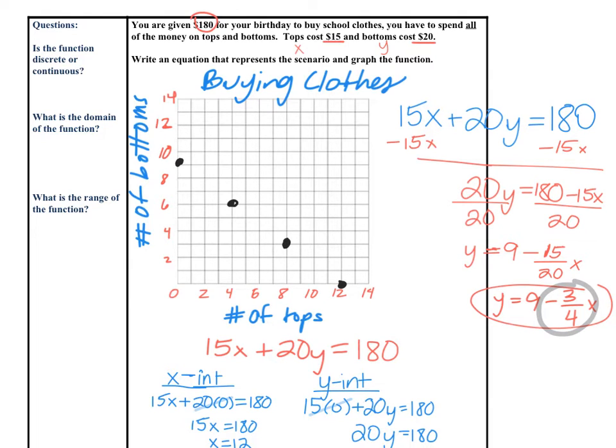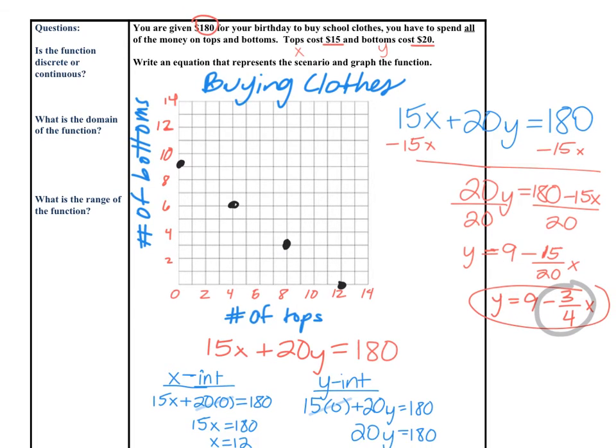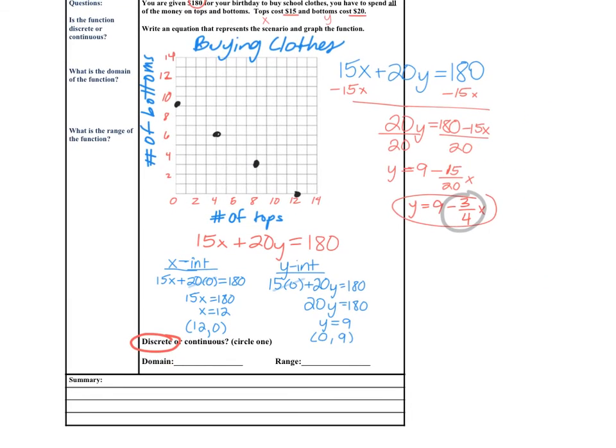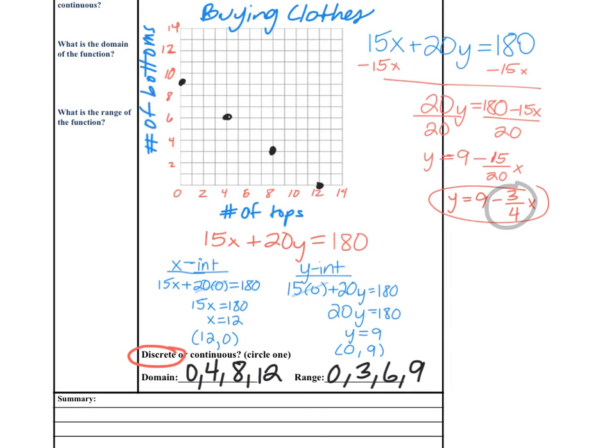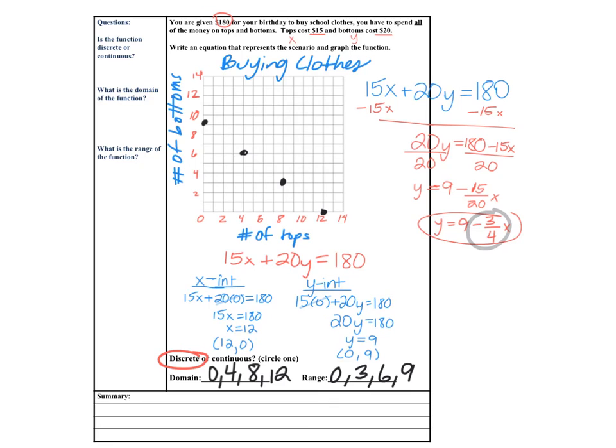We do not want to connect it because it's discrete. And so my points here, my domain is just going to be listed as 4 separate points. My domain, my x values are 0, 4, 8, and 12. My range is 0, 3, 6, and the highest one is 9. Okay, and we're done. Oh, we forgot one thing.